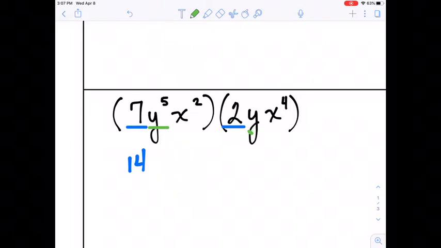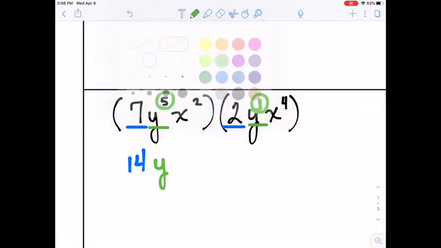And this one, notice, is y without an exponent. If it doesn't have an exponent, that means it has an exponent of 1. So I have 5 plus 1. So I write the y with 6. Adding the 5 plus the 1, I get y to the 6th.